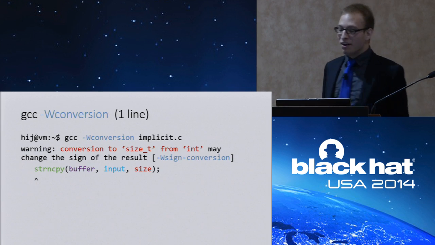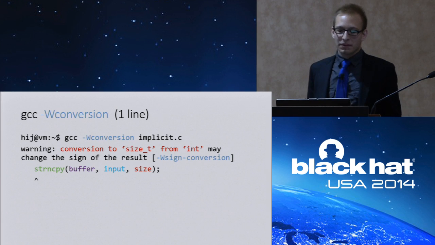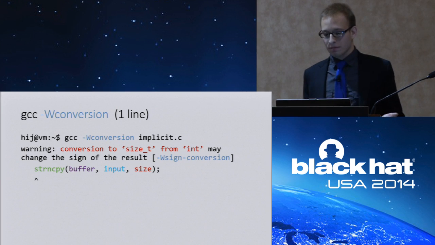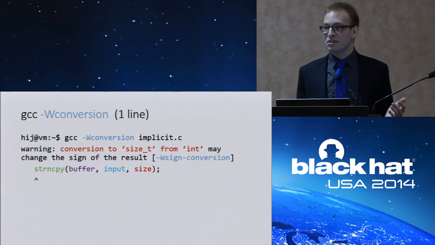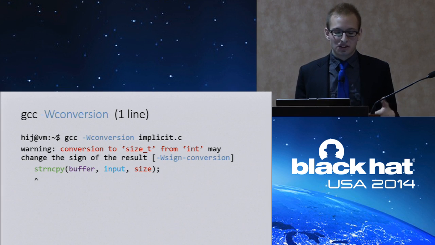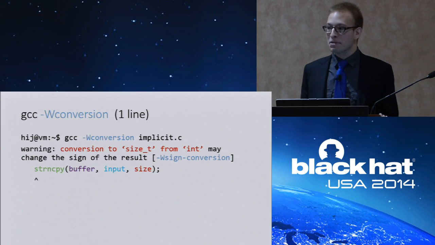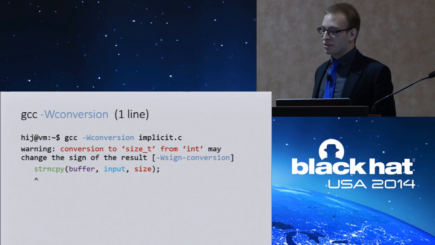It turns out this is also really easy to find. If you have source, most compilers will just spit this out to you if you ask for it. -Wconversion shows you all implicit type conversions in your source code.